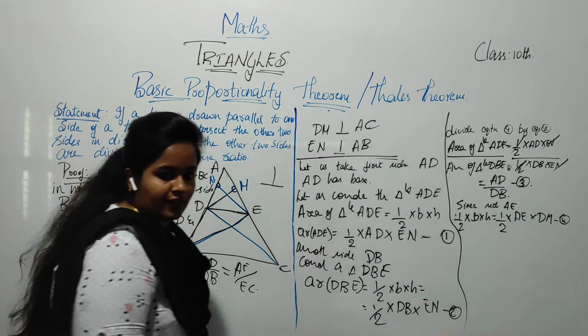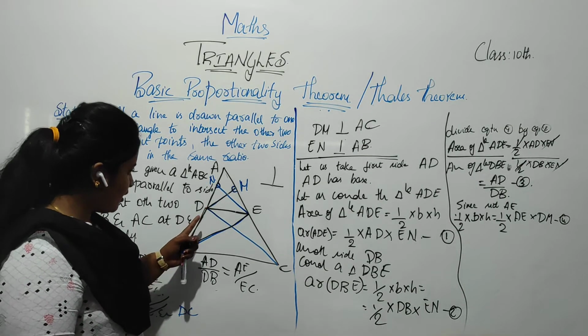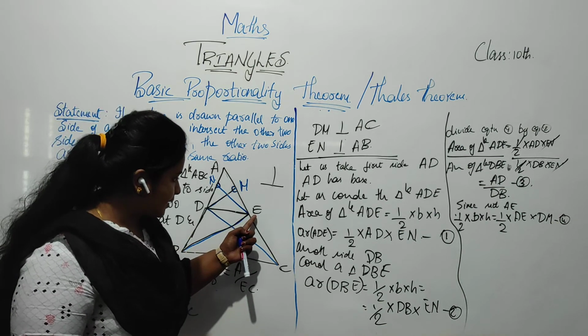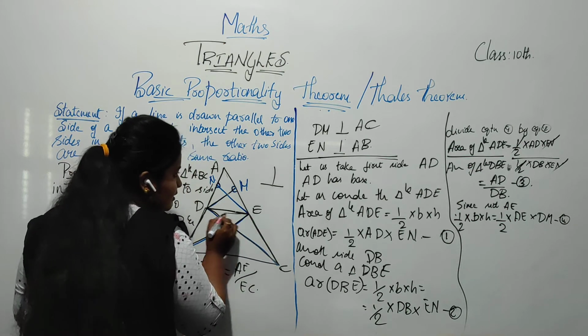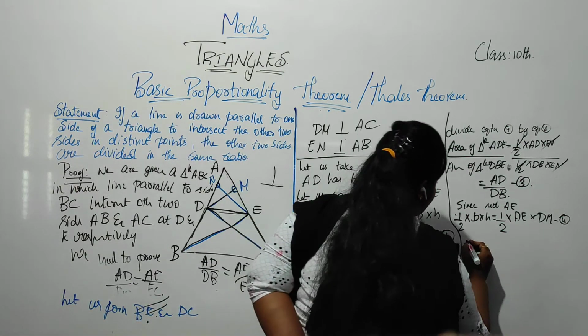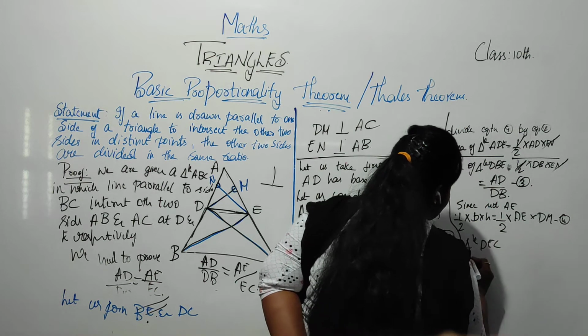This is equation 4. In the same way, previously we took the triangle DBE, now I am going to take the triangle DEC.